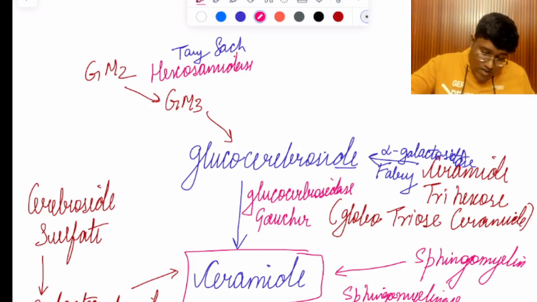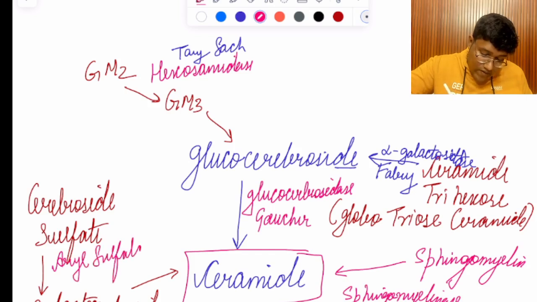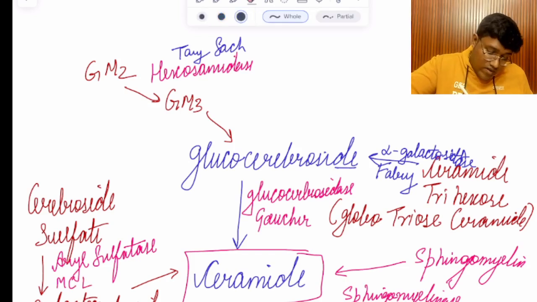Cerebroside sulfate is broken down by an enzyme called aryl sulfatase. The deficiency of this is going to cause what? It's going to cause metachromatic leukodystrophy. It's too big, but I'll write it here.